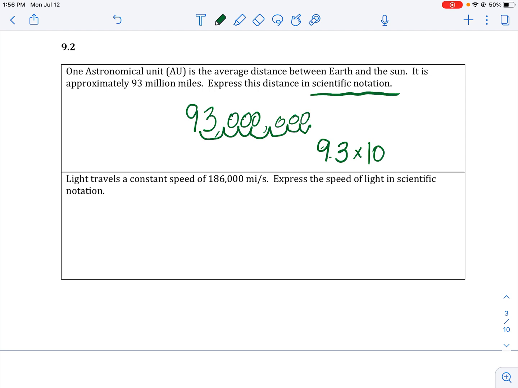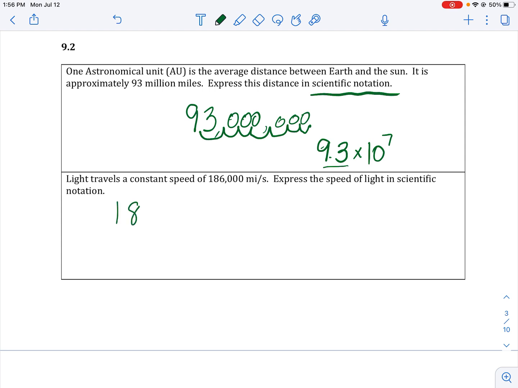We had to count how many loops because that number is going to be our exponent. Now, 93 million is bigger than 9.3, so we went from a big number to a small number. When we do that, our exponent is going to get bigger. So that is going to be a positive 7, since I moved the decimal 7 units to the left.